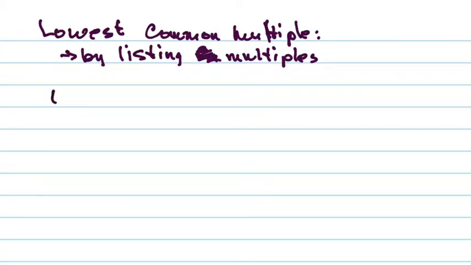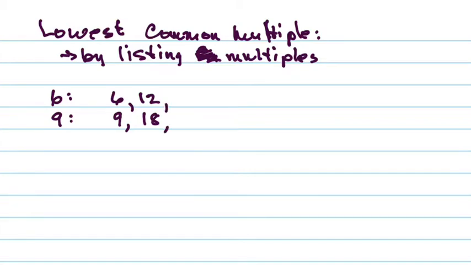So if you have two numbers and you want to find the least common or lowest common multiple for them, just start listing multiples. Always remember that the smallest multiple of any number is itself, right? So we'll have 6 and 9. 6 times 2 gives me 12. 9 times 2 gives me 18. They don't match.